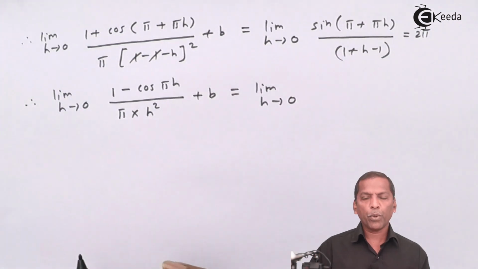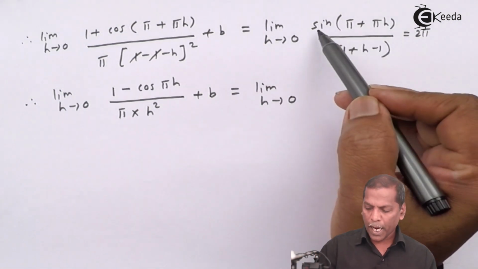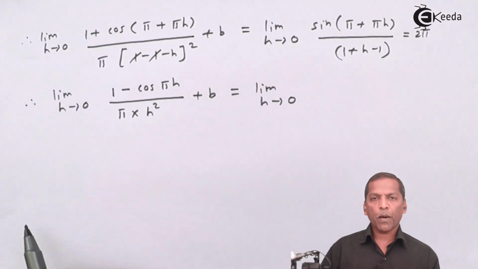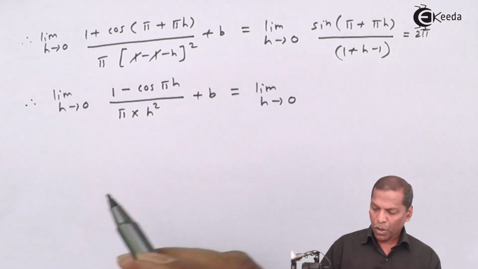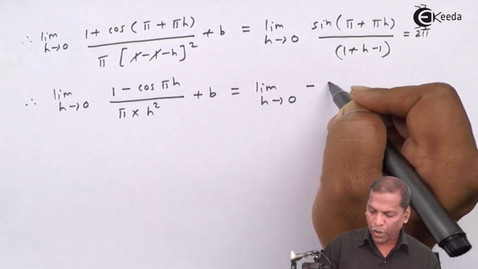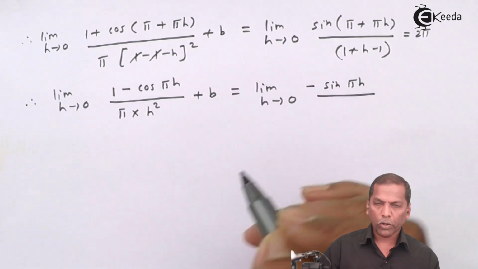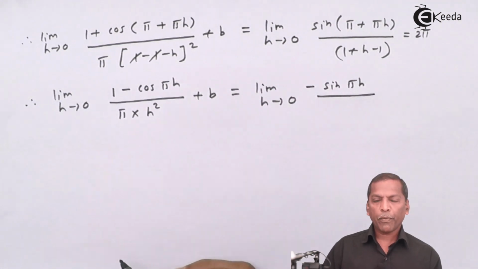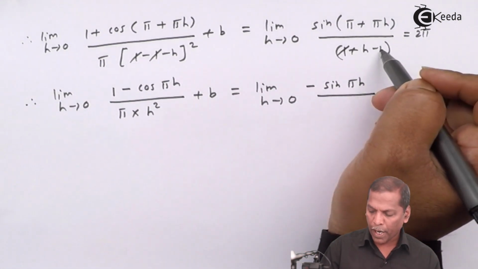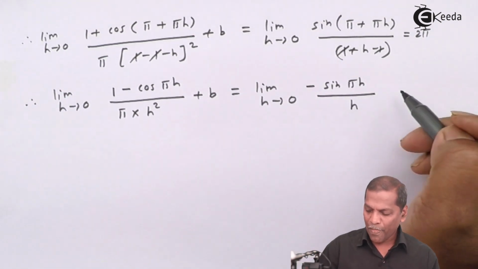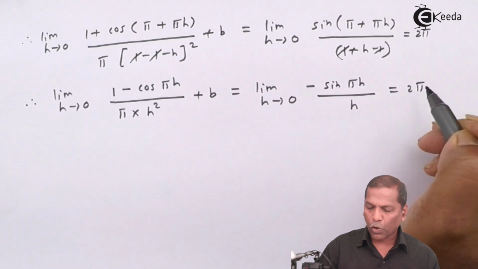Now again here we use the trigonometric rule that sin of (180 plus theta) gives minus sin theta. So here we get minus sine of pi h upon, in the denominator we cancel plus 1 and minus 1, so we are left with only h, and that equals 2 pi.